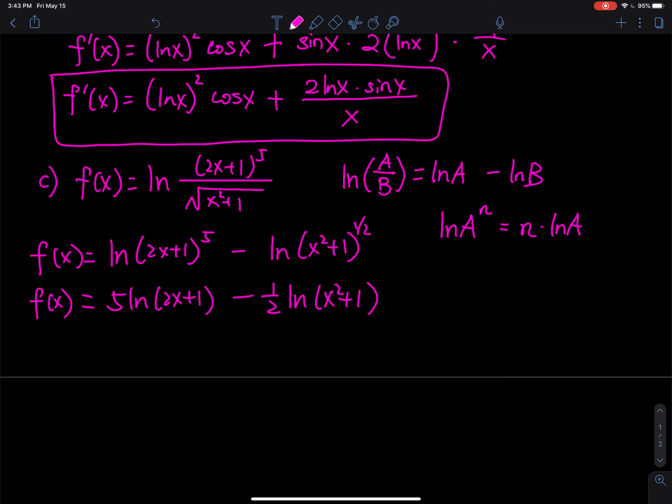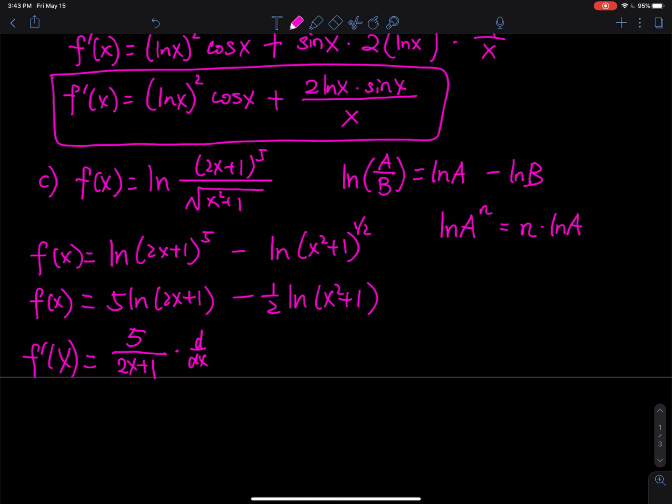So the derivative f prime of x: the 5 is just a constant, right? So we can ignore the 5. So 5, the derivative of ln is 1 divided by the stuff inside the ln parentheses, which is 2x plus 1. And then you have to multiply by the derivative of 2x plus 1, by what rule? By the chain rule. So I will just write out the derivative for you.